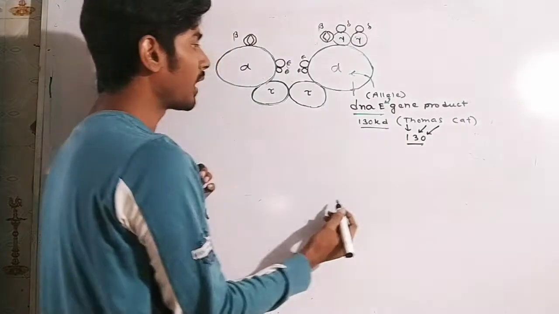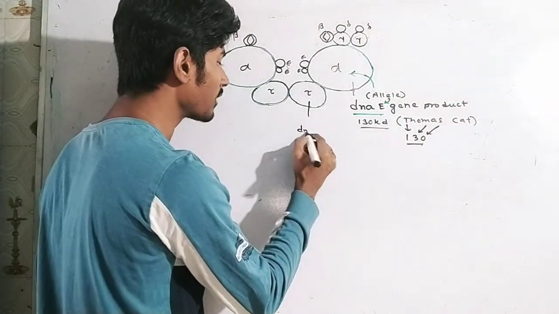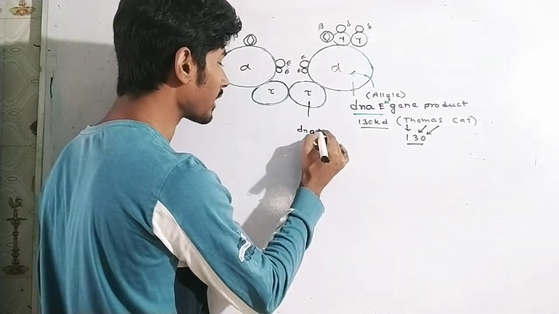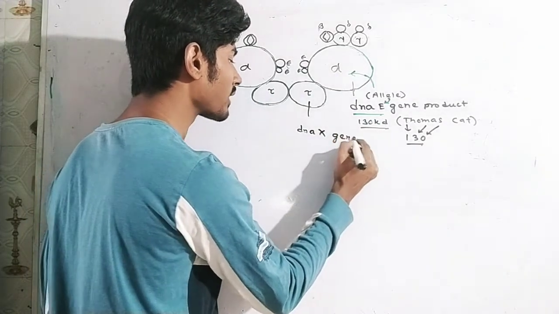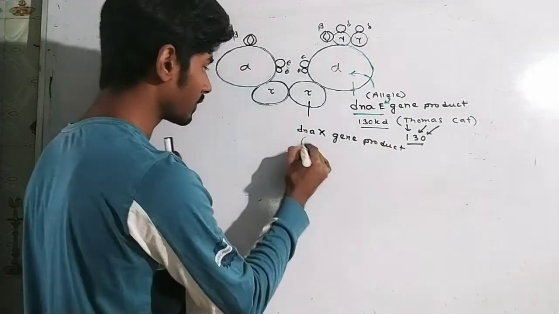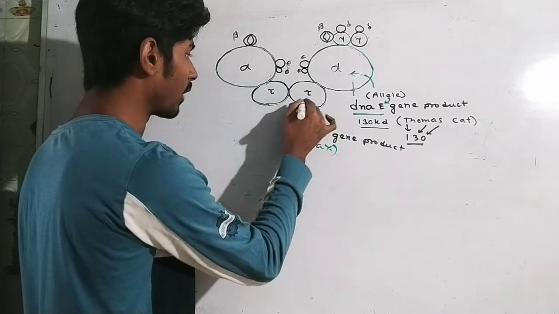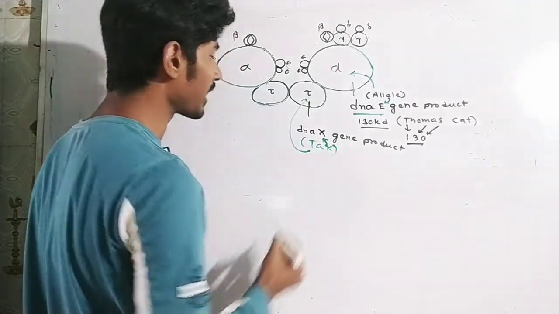Now let's talk about the tau subunits. The tau subunits are DNAX gene product, and you can easily remember this by the word tax. T means tau and X means DNAX gene.